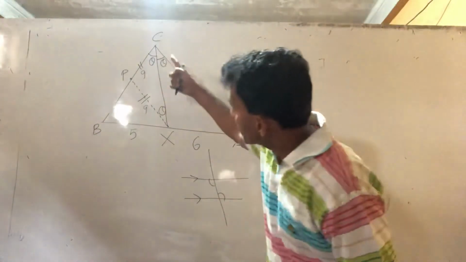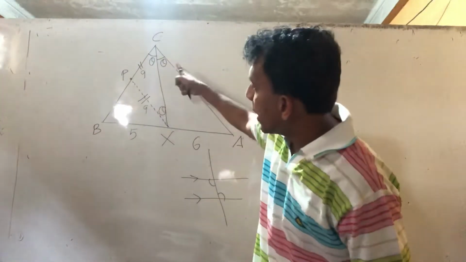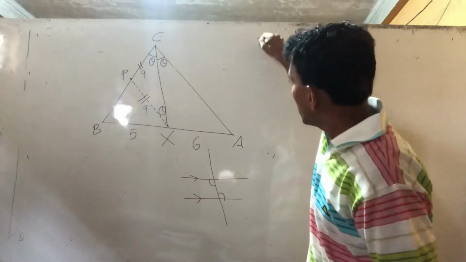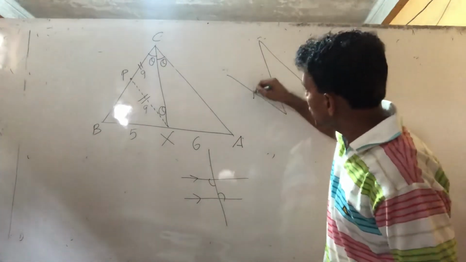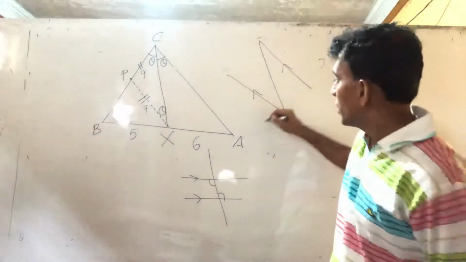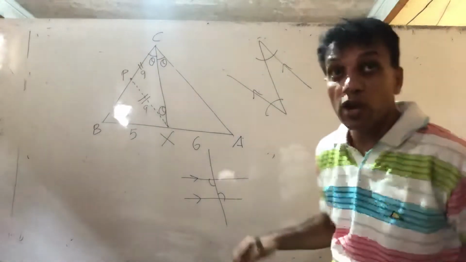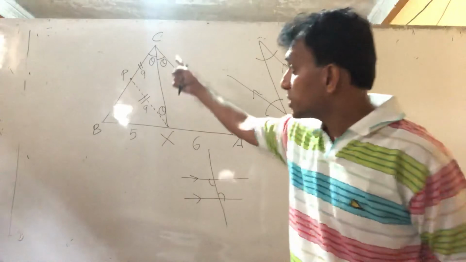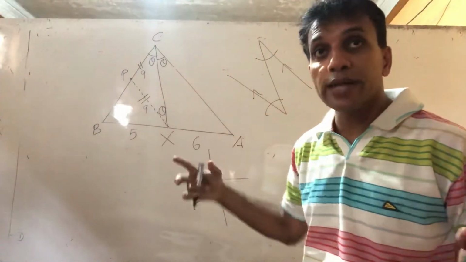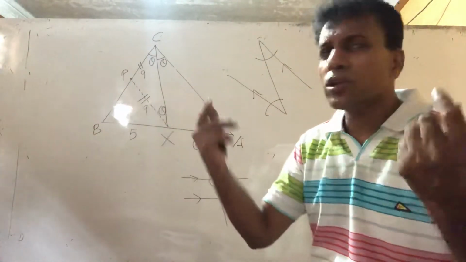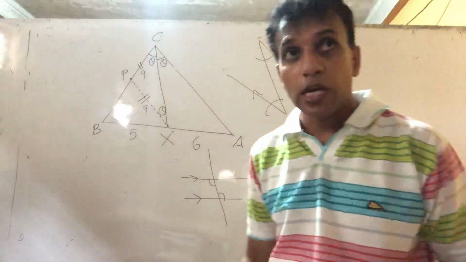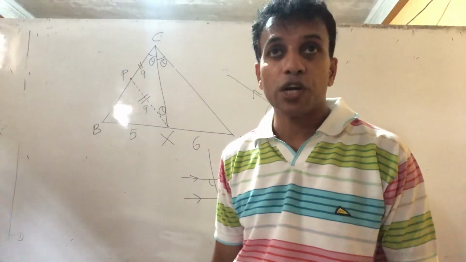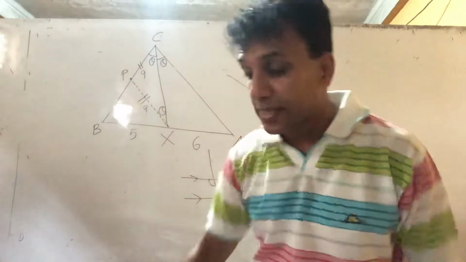So this angle equals this angle, like a Z shape, therefore the lines are parallel. Then you can go to the answer. Before going to the calculation, you show the lines are parallel.